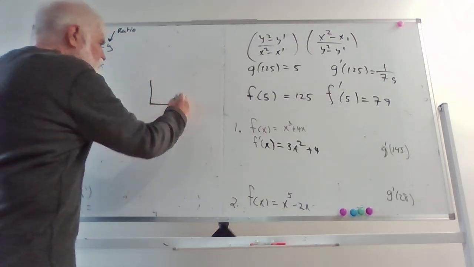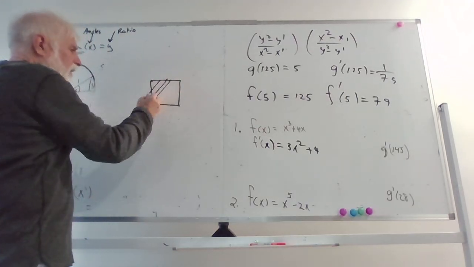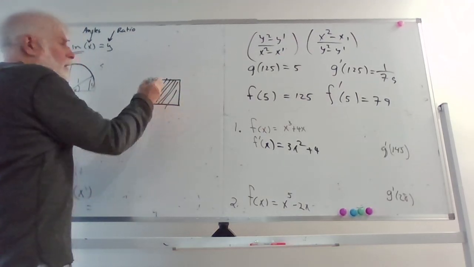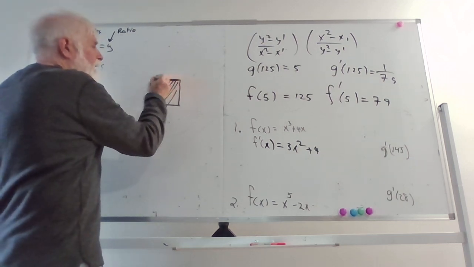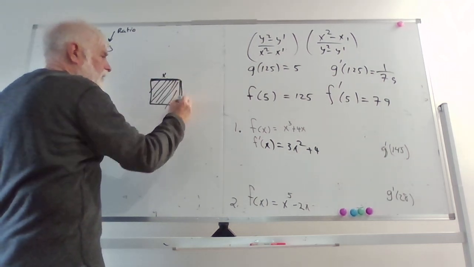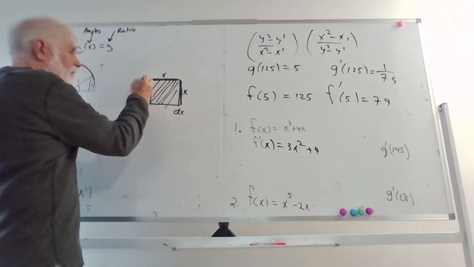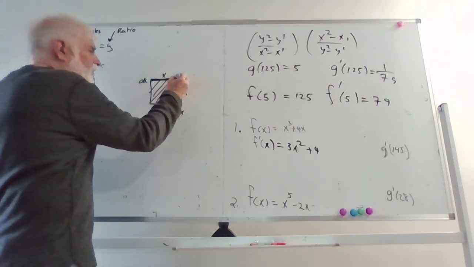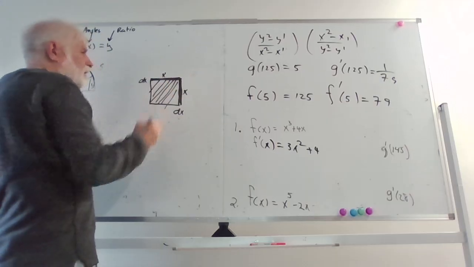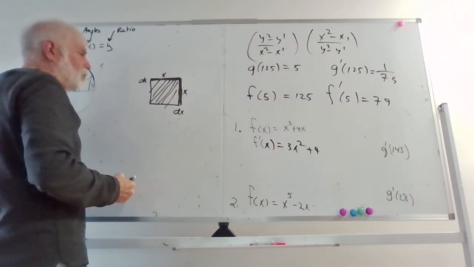Because when you draw a square and look at the area, putting a layer there, that length is x, and that layer's length is x. If we give those lengths a little bit of width, then we get the change in area, which is the heavy dark part of the marker that I'm putting on the board right now.